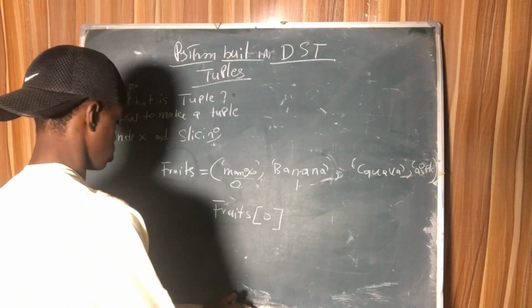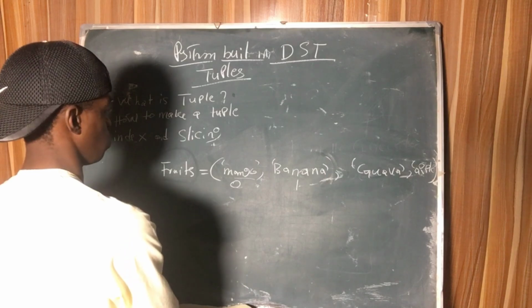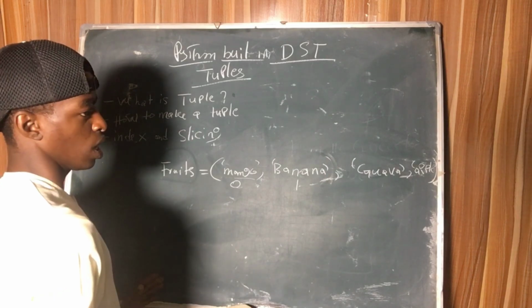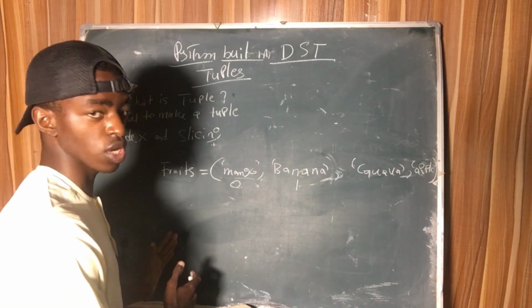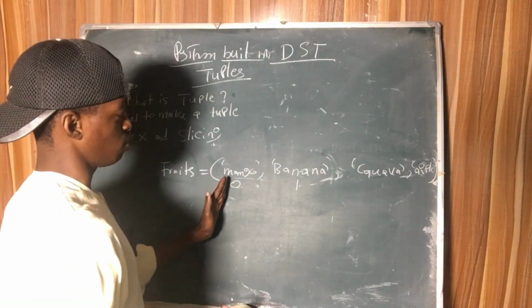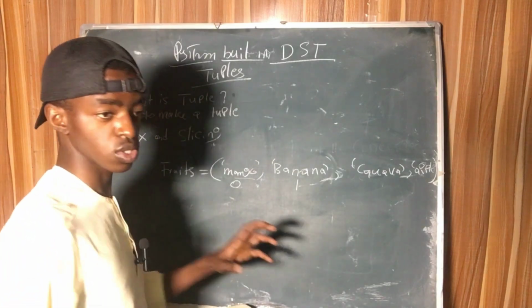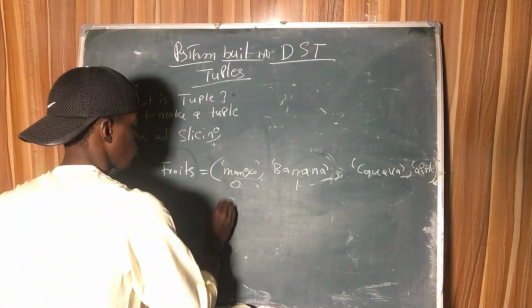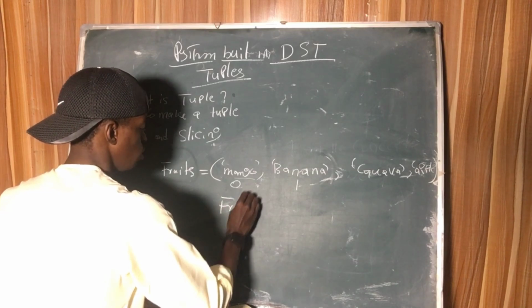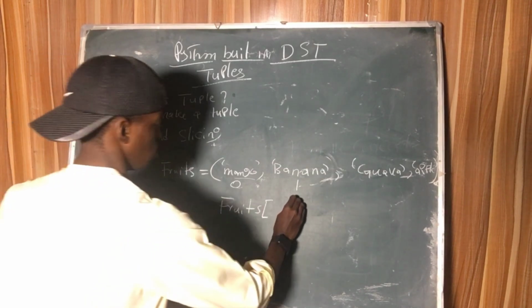So slicing, if I want to slice some portion of my tuple, maybe I just want to know the elements starting from the first element, maybe from the first up to the third or fourth element. So I want to see those elements. For me to do that, I'm going to call the name of my tuple, which is fruit. Then I put the square bracket.